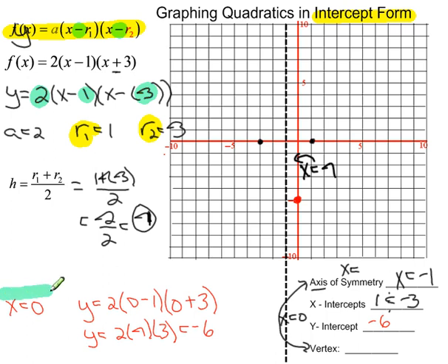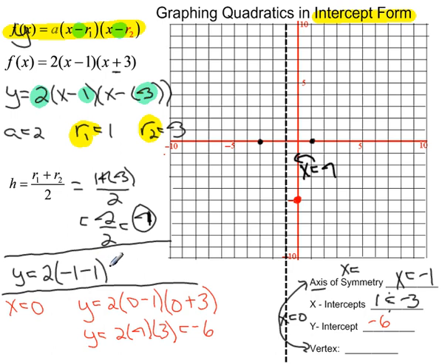And once again, once you know an x value for a function, you could find its y value by just plugging it in. So let's plug in -1 and go 2 times a quantity, -1 minus 1 times a quantity, -1 plus 3. Now that's going to be equal to 2 times -2 times 2, which is going to give us -8.